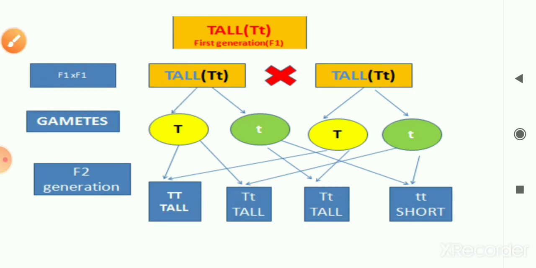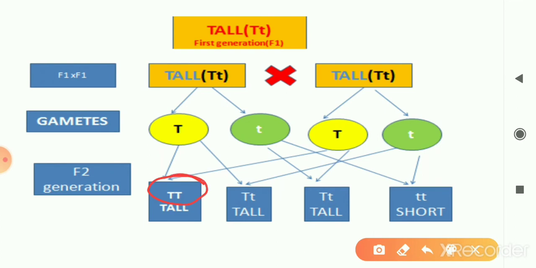And when we go with the genotypic ratio, you find that there are individuals with two capital T factors, that is, two factors for tallness, so that is 1. Then 50% of them have a factor for tallness and a factor for dwarfness, or shortness, so that is 2. And then 25% of them will have two factors for shortness.